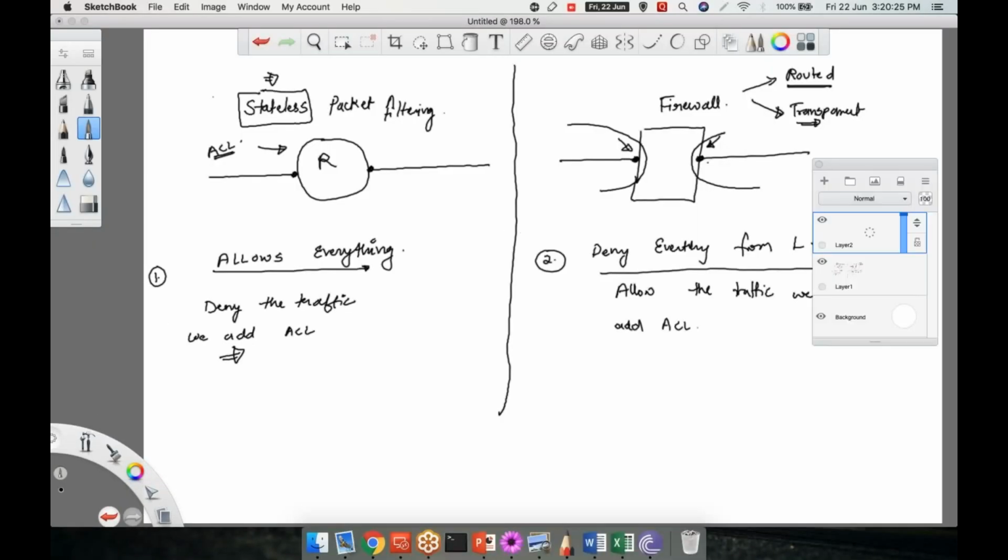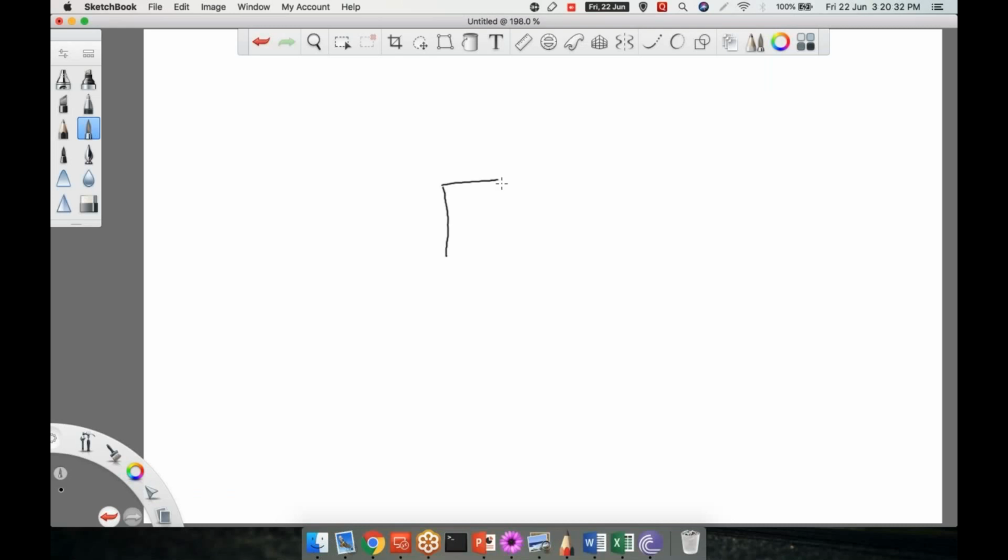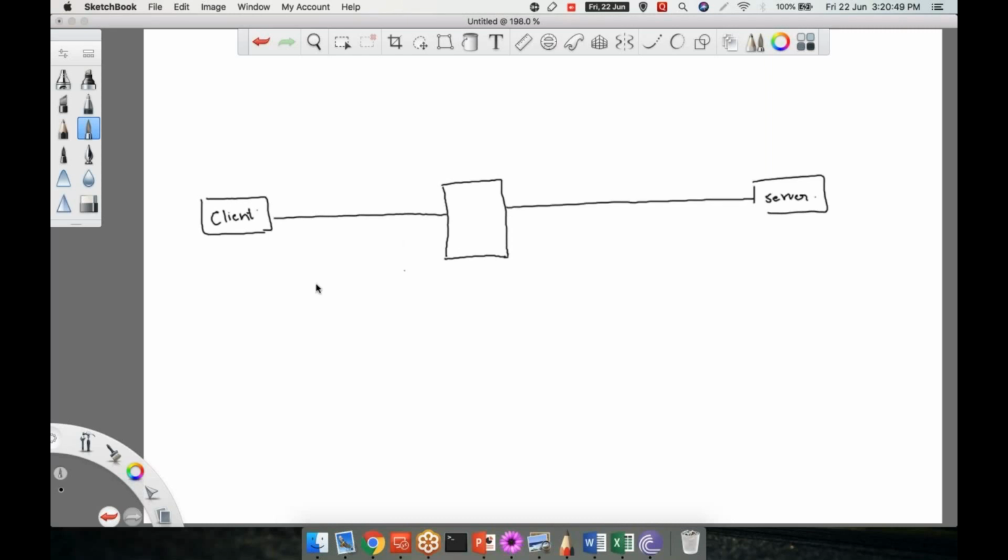Now, how it works here: I have a firewall, I have a client, and I have a server. On the ASA firewall, the client is present inside and the server is present outside.